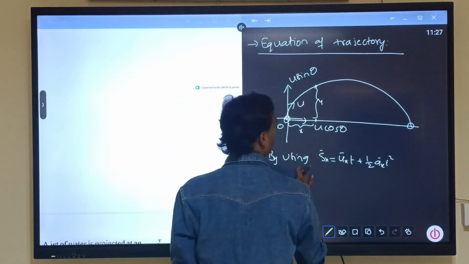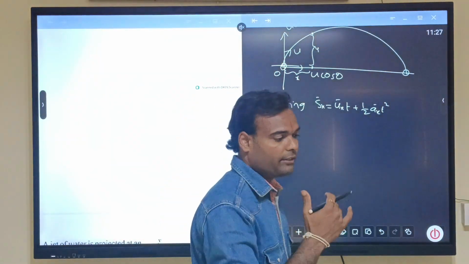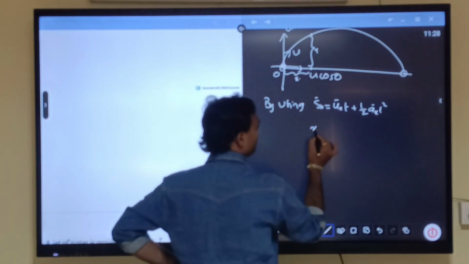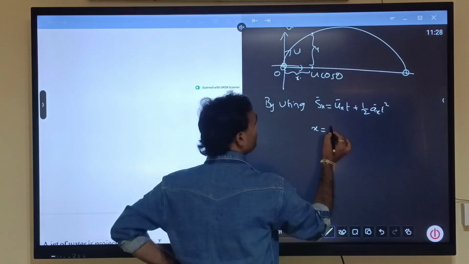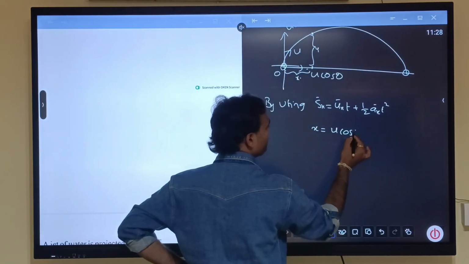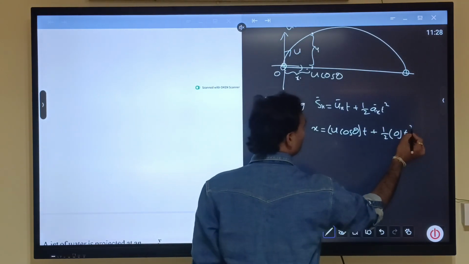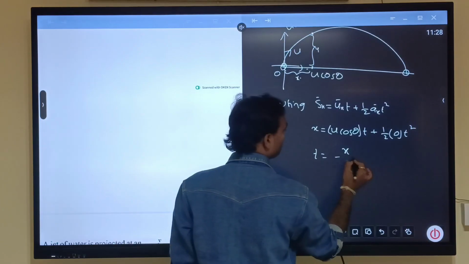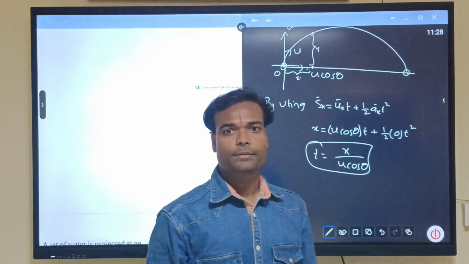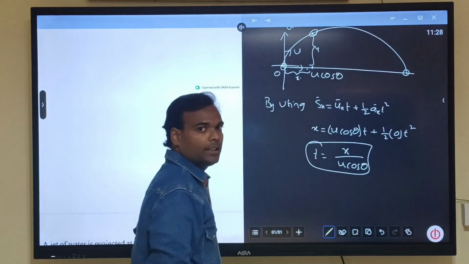Now I am going to represent this projectile motion in terms of y and x. So for that purpose let us assume it traveled a distance x, right? Now displacement x, and u on x-axis is u cos theta into t plus half 0 t square. Then t is equals to x by u cos theta. This is time taken by this object from here to here, right?